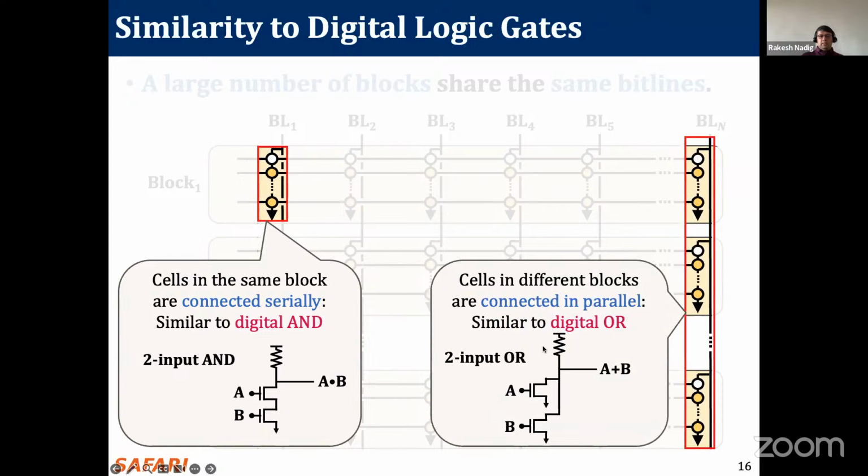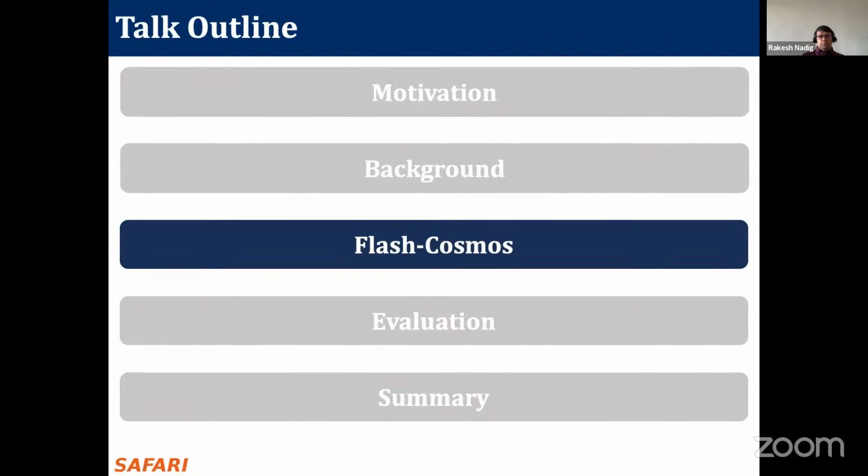Similarly, we also see a similarity with digital OR, where if you look across these different blocks at the flash cells, we can see a similarity with 2-input OR logic. So this is a key insight that we take while developing Flash Cosmos. So this is a brief background on how NAND flash memory works, and how inherently we can support bitwise operations within the flash memory.